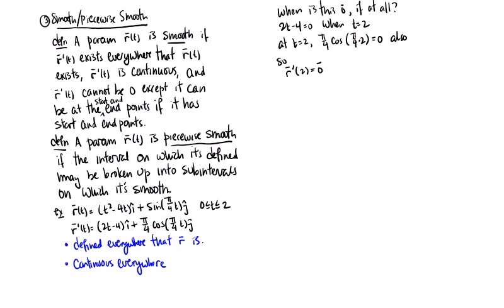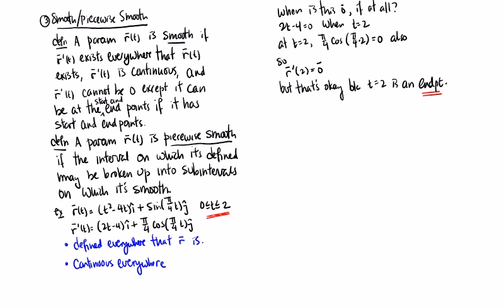But that's okay, because that's an endpoint. The function is defined on 0 to 2. Let's say t equals 2 is an endpoint. Just to clarify what we mean by that, we mean it's an endpoint of this interval on which we're interested.